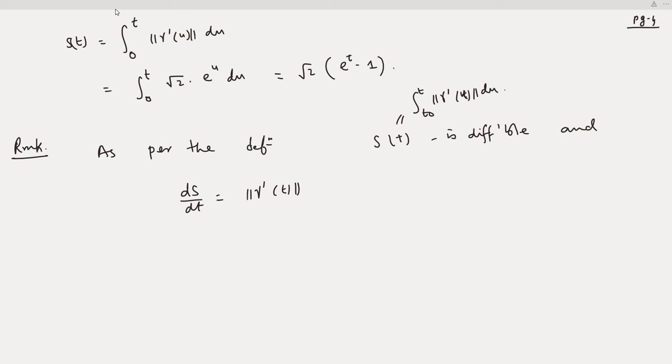Fine. So now we have some more definitions. First, let gamma be a differentiable parameterized curve from a comma b to R n.